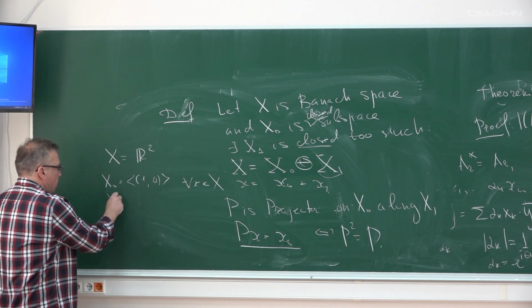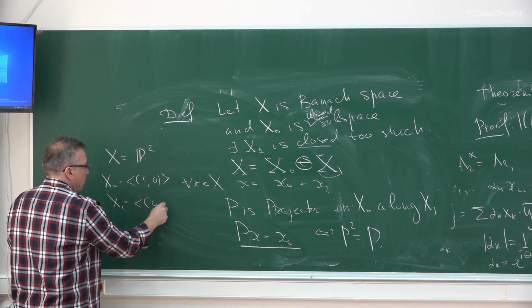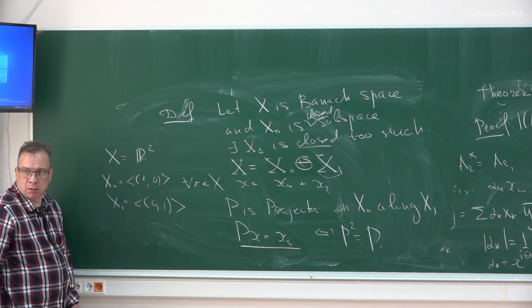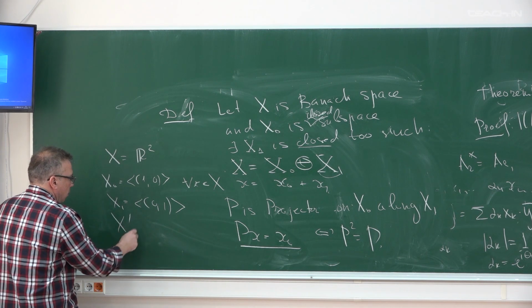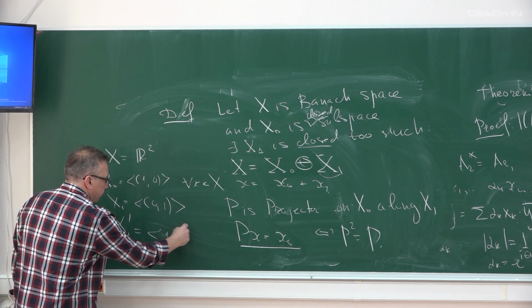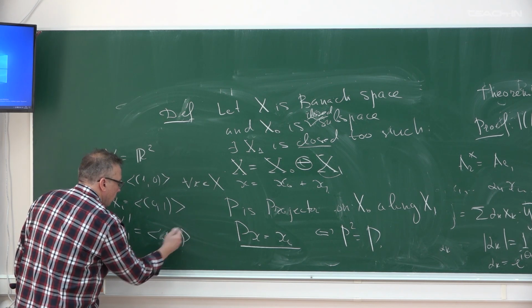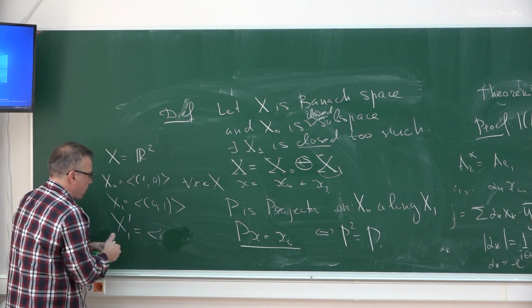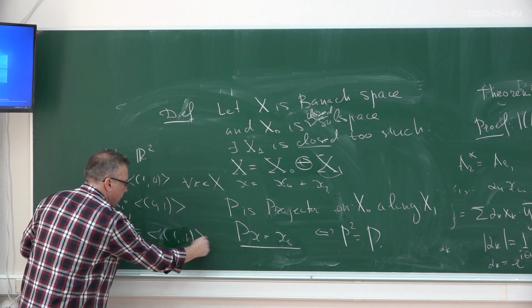I can take X1 as the linear span of this vector, but I can consider X1 prime as the linear span of this other vector.